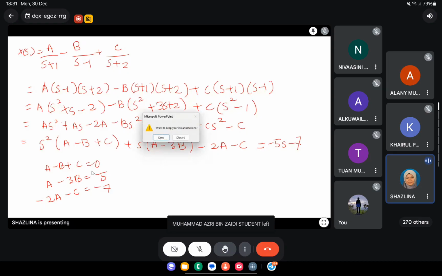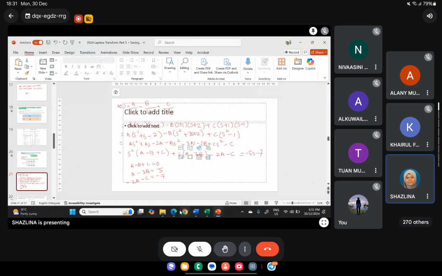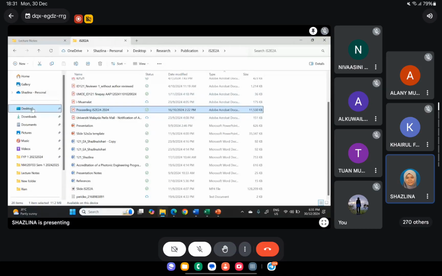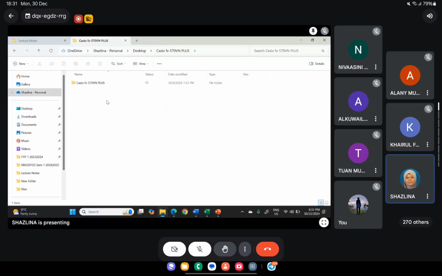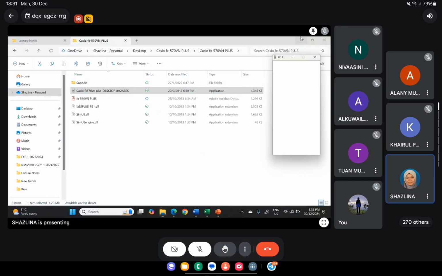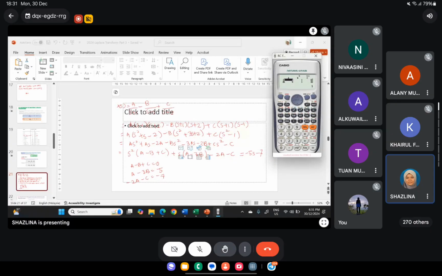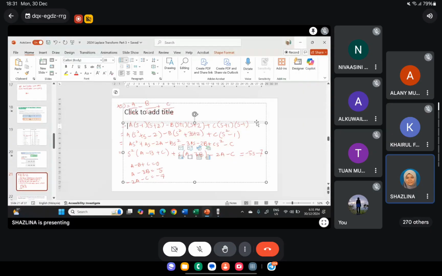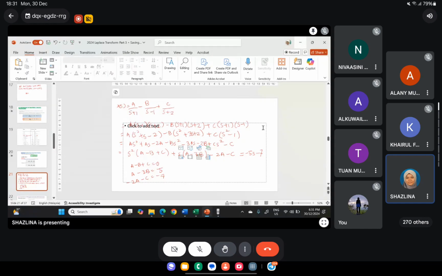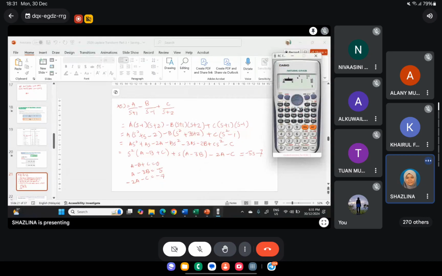Let's try and do it with the calculator. In this case, you choose 5 and then which one? A, B, C. Is it number 2?